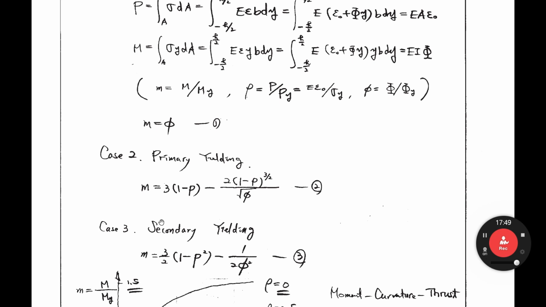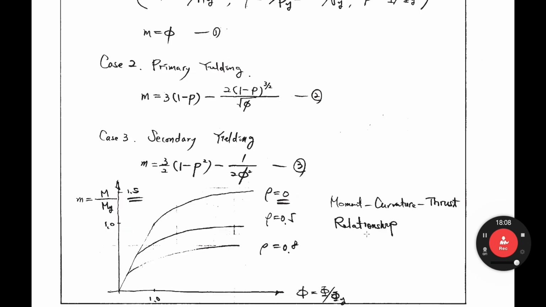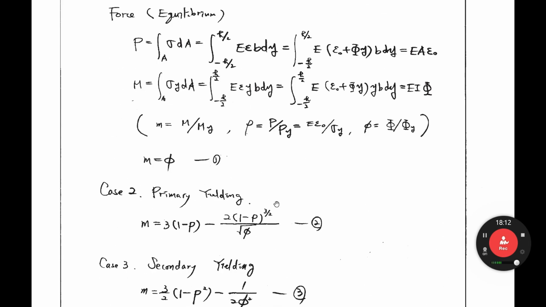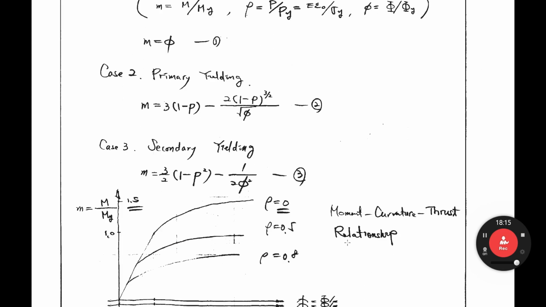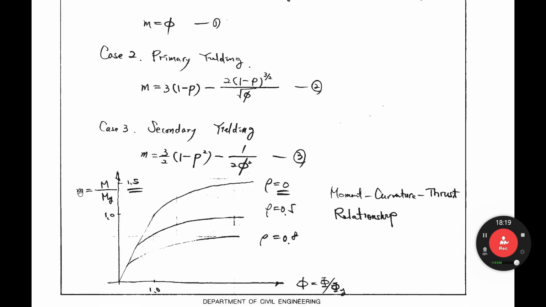Okay, case 3 is the secondary yielding case. You can also derive the equation like that. You can refer to the textbook in detail. Yeah. If you use equations 1, 2, 3, you can draw the normalized moment, normalized curvature relationship. From equation 1, normalized moment equals normalized curvature. Okay, linear. Like that. And then primary yielding somehow here, secondary yielding somehow here.